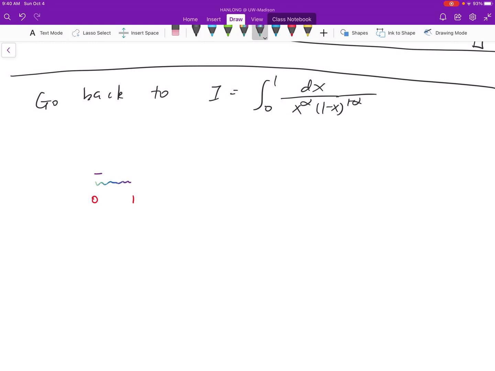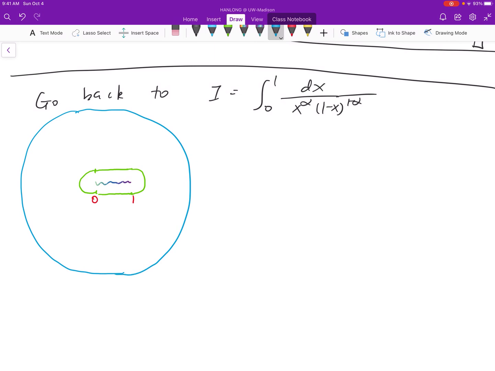Inside you construct a contour like this, and then you also have an outside one, which is a circle with radius capital R. I call it C_R. And let's also give the orientation, counterclockwise.